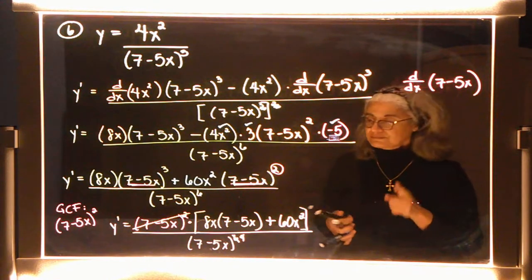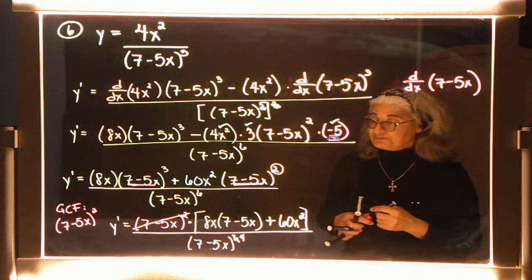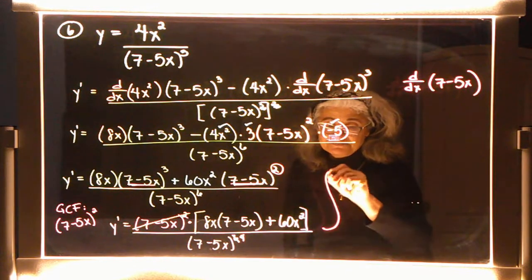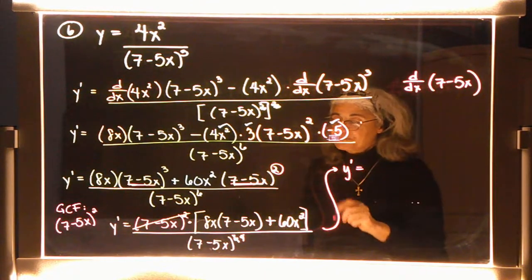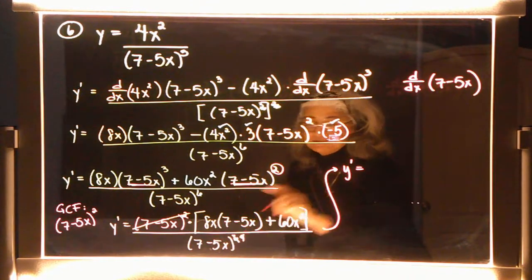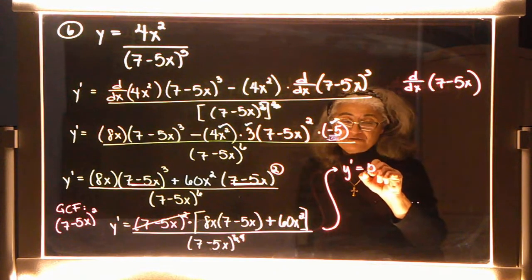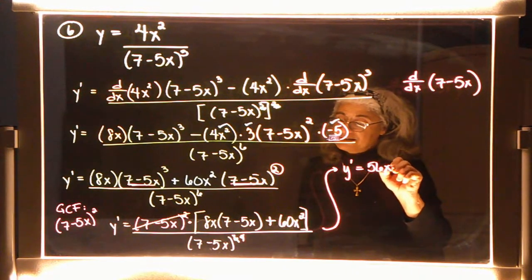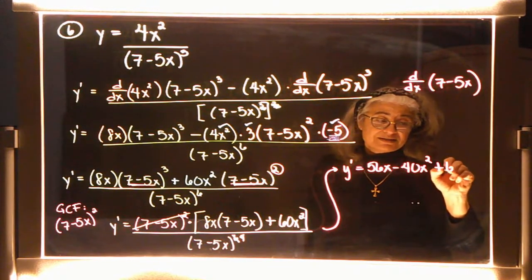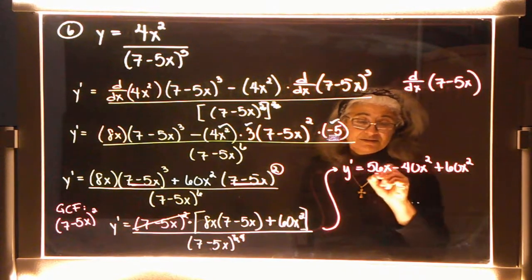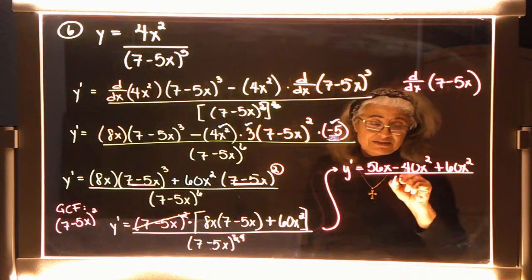Cool? Okay, so let's see. We have y prime equals, in this bracket, that looks like 56x minus 40x squared plus 60x squared all over this denominator.